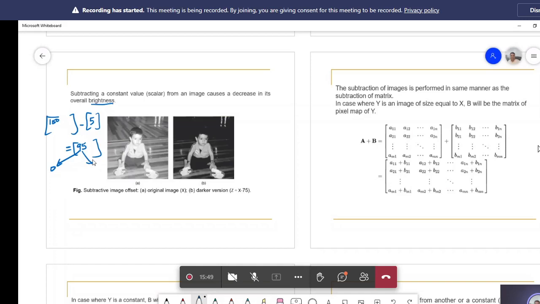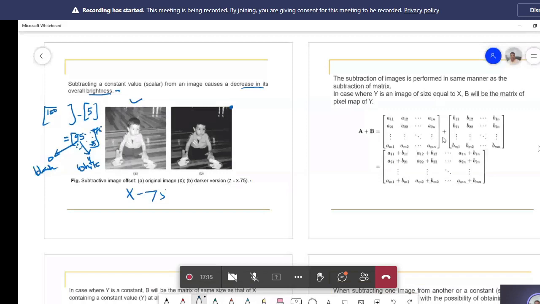Okay. I have taken here plus sign. Okay, so subtraction is a minus b. So this is your first and this is your second. So subtract this: a11 minus b11. Okay, now for this element a12 minus b12.